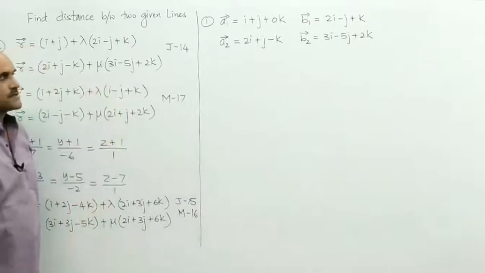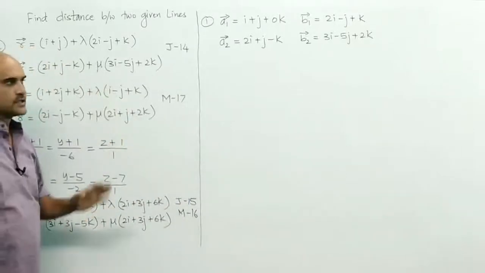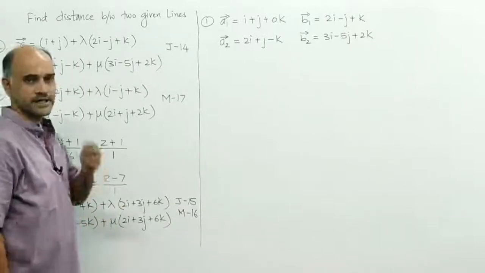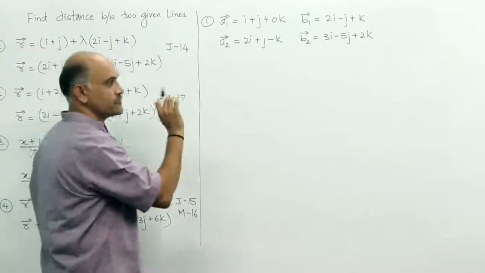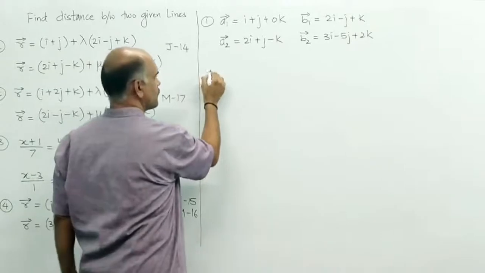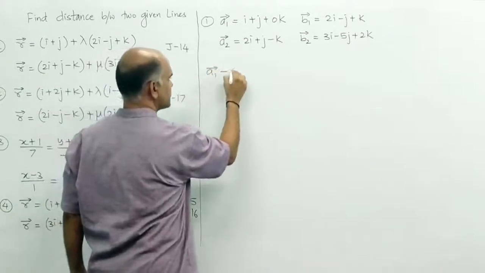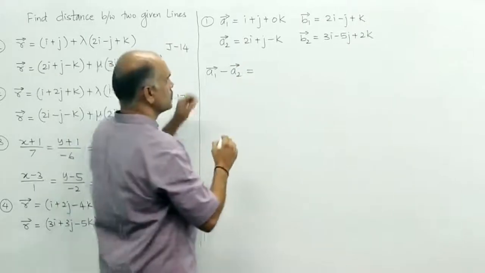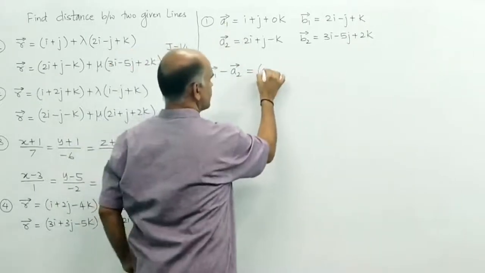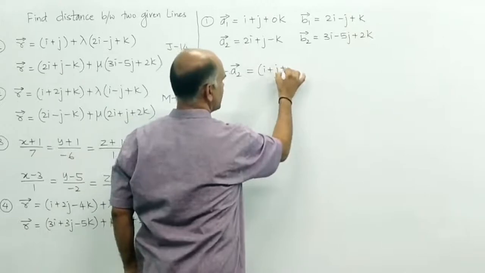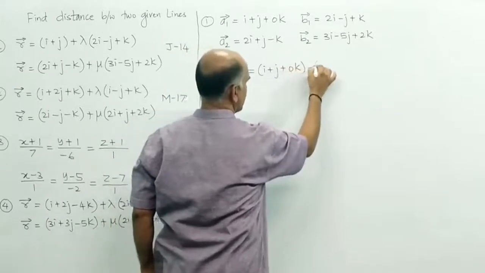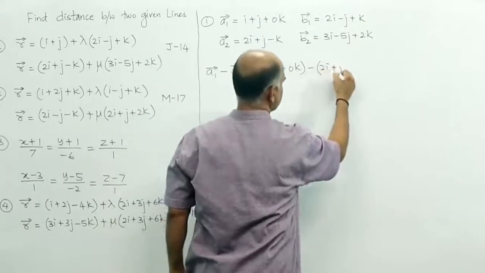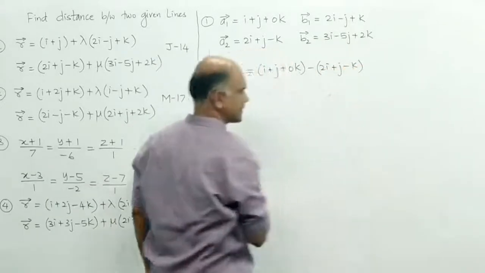Now in 3 steps we will solve the problem. Important is you should remember the formula for shortest distance. First you are required to find a1 minus a2. I plus j plus 0k minus 2I plus j minus k.